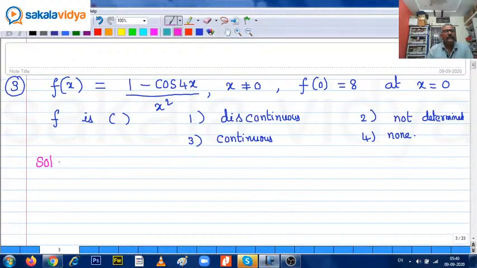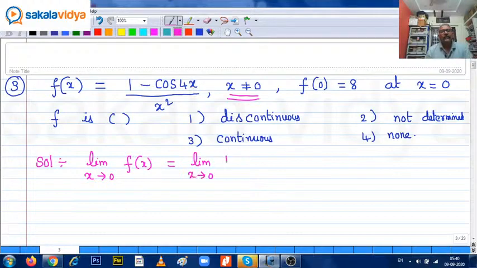As x does not equal 0, we need to apply the limit. Limit as x tends to 0 of f(x) equals limit as x tends to 0 of (1 minus cos 4x) upon x square. So we have a shortcut.